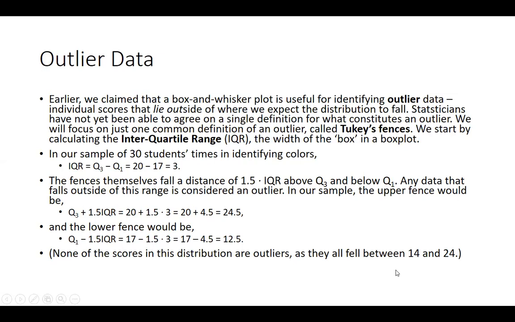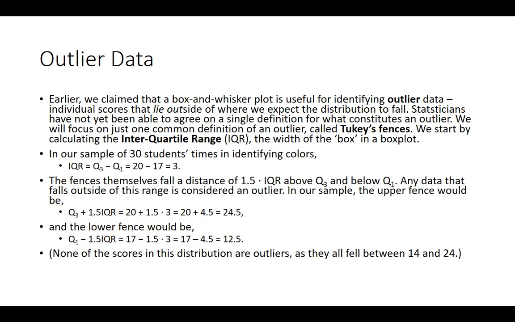Earlier, we claimed that a box and whisker plot is useful for identifying outlier data, individual scores that lie outside of where we expect the distribution to fall. Statisticians have not yet been able to agree on a single definition for what constitutes an outlier.